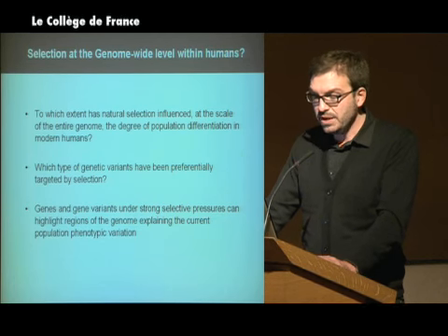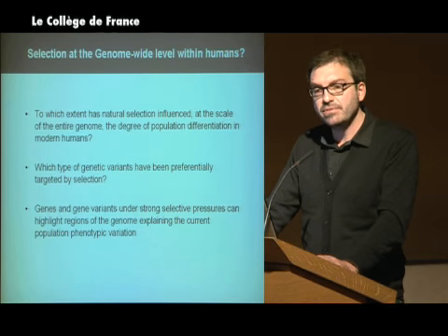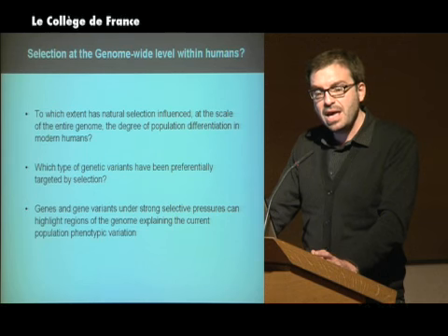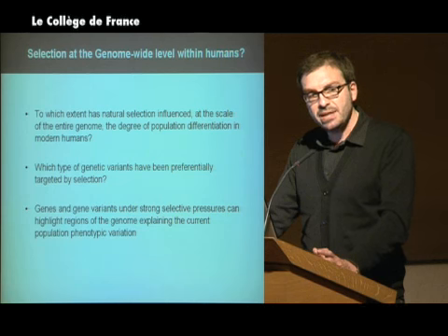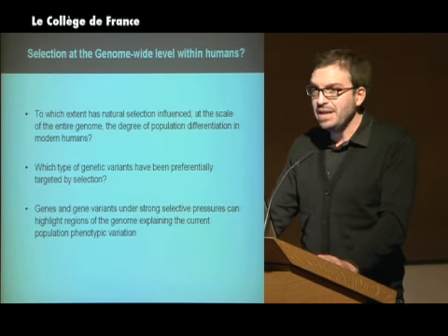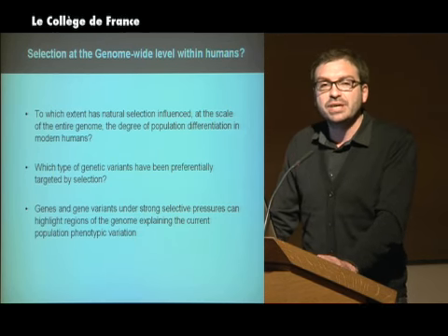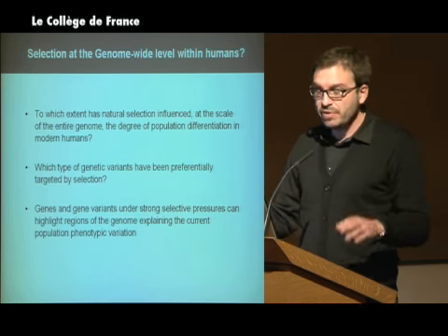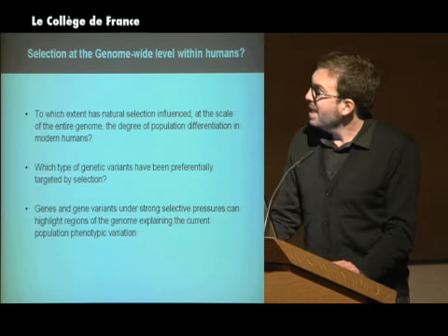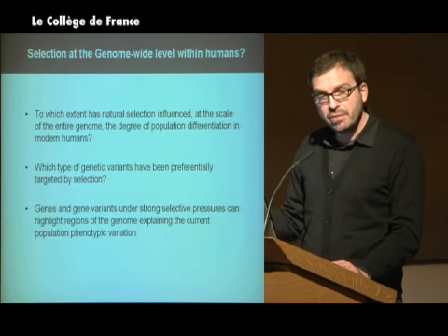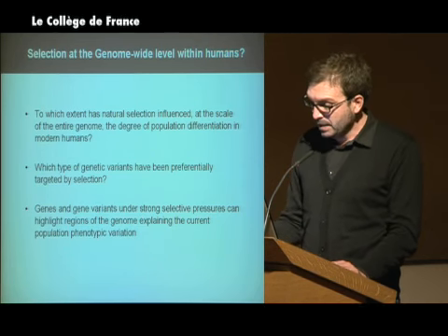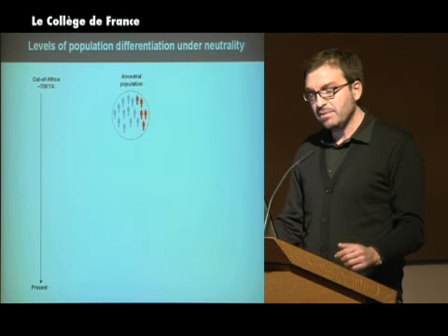One of the questions that we addressed 2 years ago was to what extent the phenotypic variation that we observe in modern human populations has accumulated just randomly, that means by drift, or to what extent the phenotypic differentiation that we observe in modern human populations has been driven, at least partially, by natural selection, by adaptation of different populations to their environments. And if this is true, which are the main genes that have been targeted by this local adaptation, therefore positive selection?